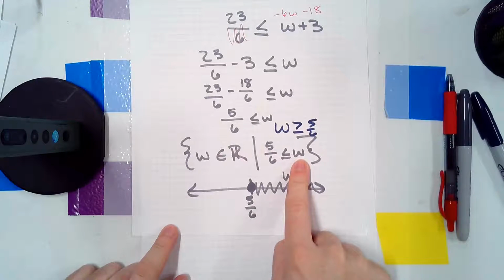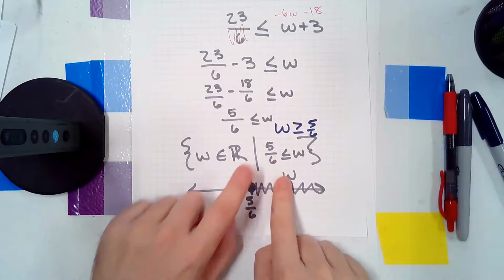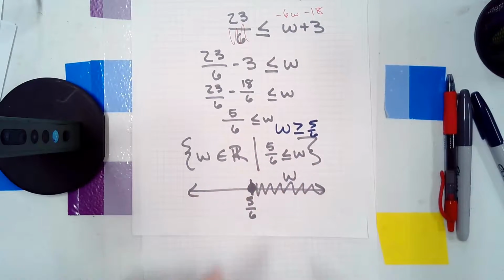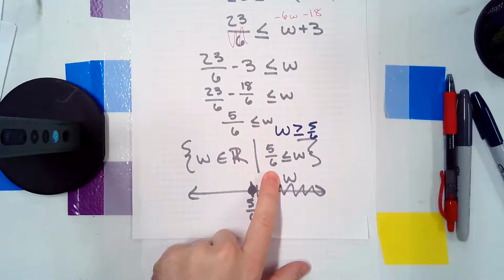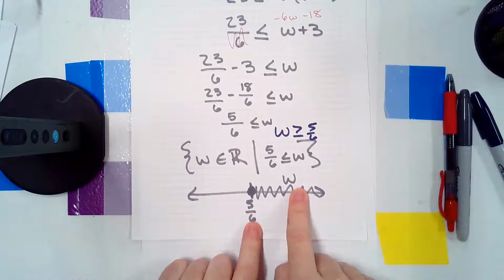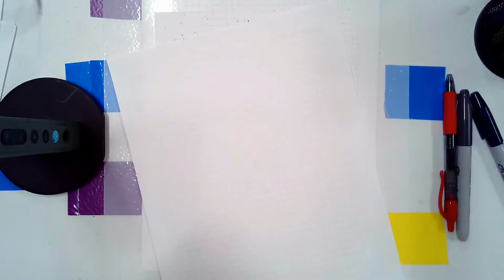Read it from the variable. W is greater than 5/6. Now read it from the numbers. 5/6 is less than W. Well, if a number is less than another number, doesn't that number end up on the left side? So this guy is less than W. So W should be to the right of this guy. This guy should be to the left of W. Same way of saying it. Good question. Next. Any more on this one?